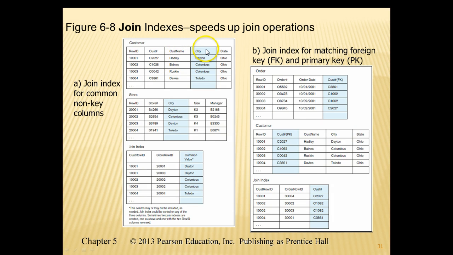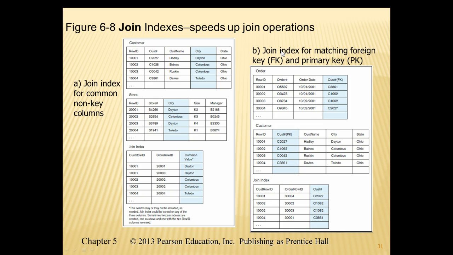So we take the attributes from both of these relations and join them into a new data structure that has that common value, and it has the row IDs from both the store and the customer relations.